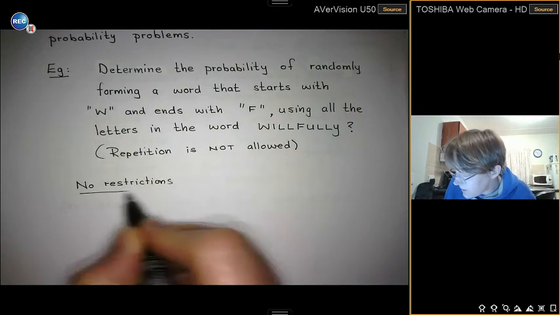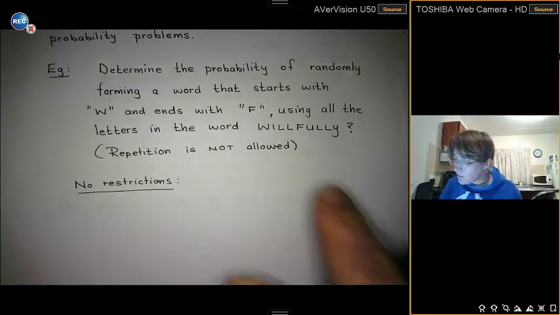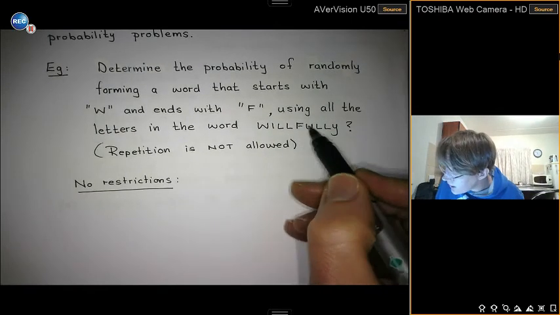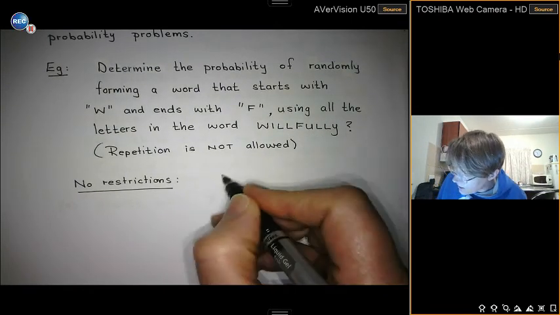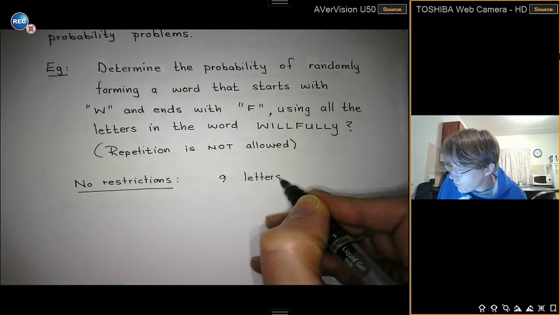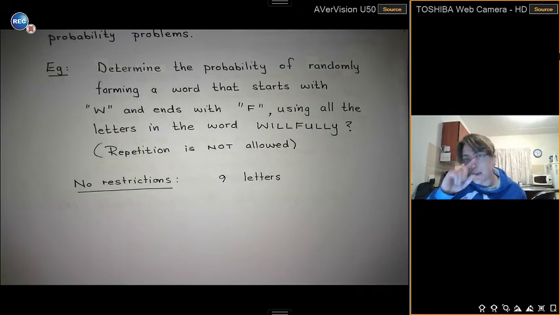There's the first bit. It's going to be a word that's got 1, 2, 3, 4, 5, 6, 7, 8, 9. So there are 9 letters. But if you recall from our previous examples, we have to be careful for elements that are identical. So elements that look exactly the same. Again, this is not about repetition.